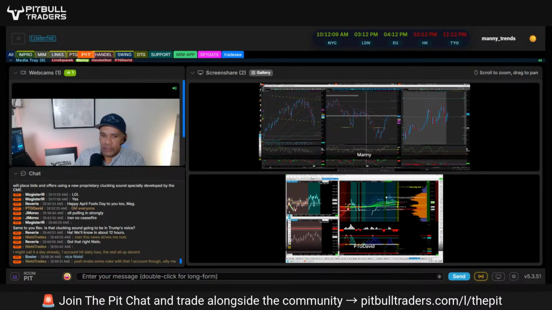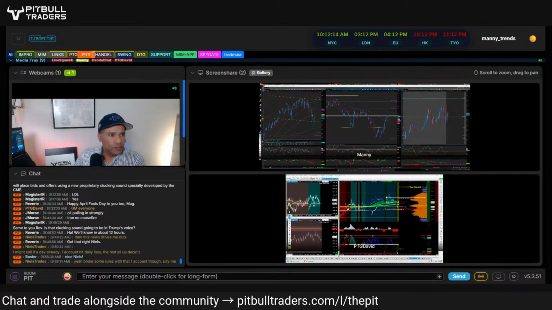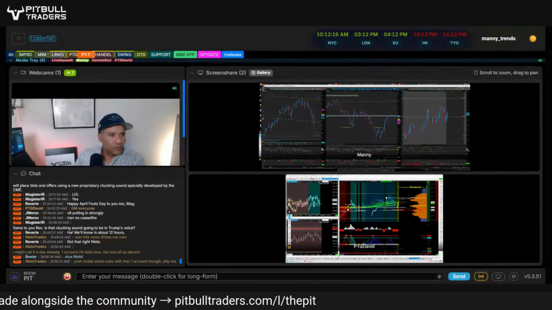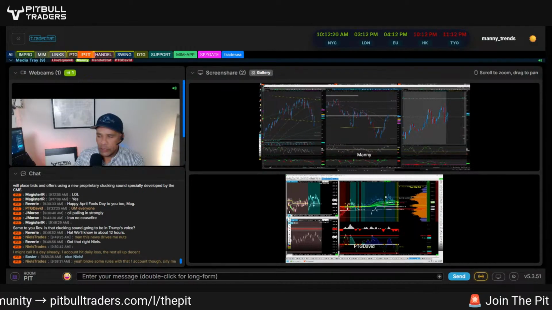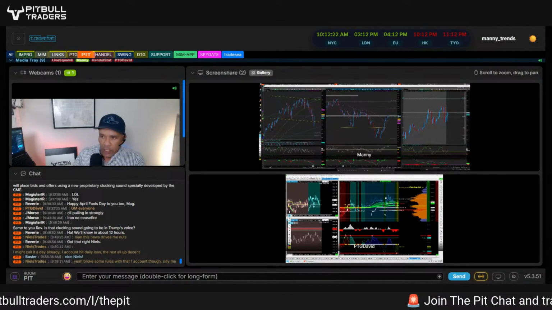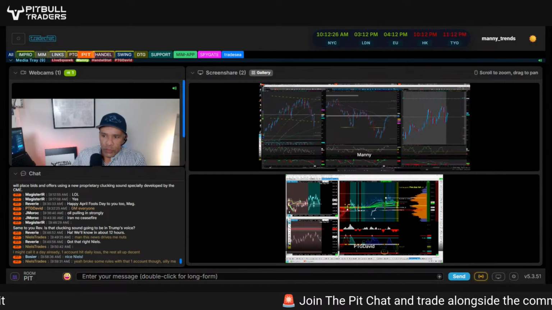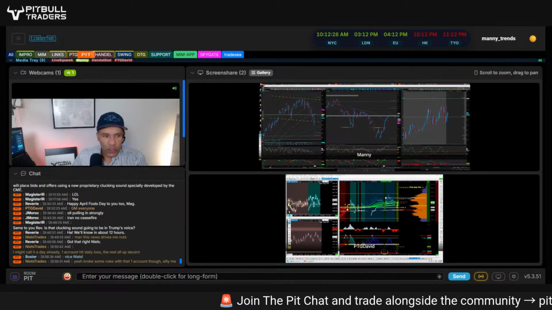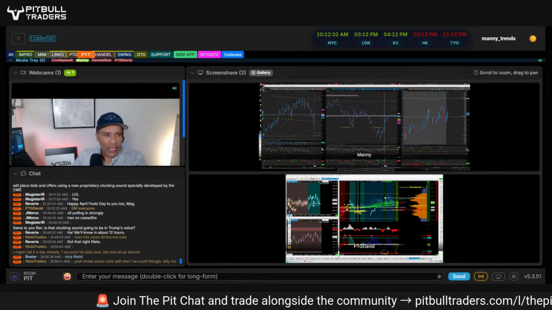At least we know why we're here and what the challenge is. We're stuck between this hourly, what was support, now resistance, the 200 period moving average, and the 21 on the daily. We're struggling between that and maintaining the gap.